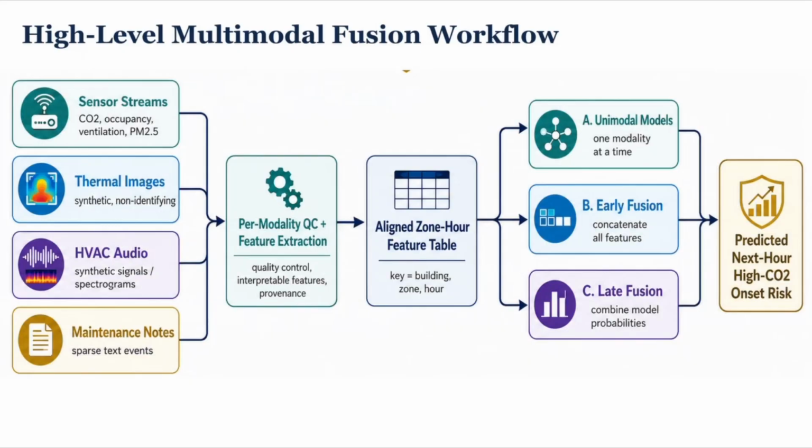Then we align everything into one zone feature table. The alignment step is critical because every row must describe the same zone and time. From there, we can test three strategies: unimodal, early fusion, and late fusion. So we test them.